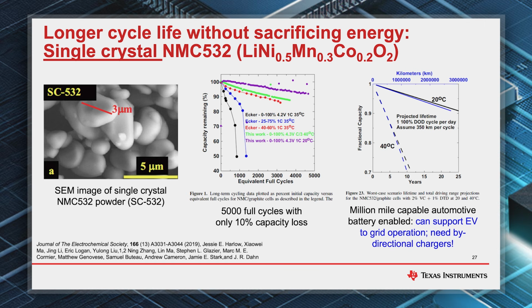Titanate has a long cycle life, but it also has low capacity, low energy. But this material actually has high energy, like any normal NMC, but also very long cycle life. So I have high hopes that this single crystal NMC or other developments will keep the cycle life increasing to about 5,000, 10,000 cycles. And that will be extremely useful for automotive as well as the grid storage.